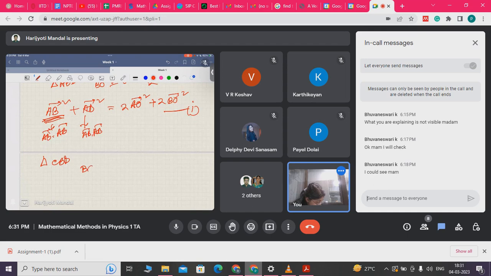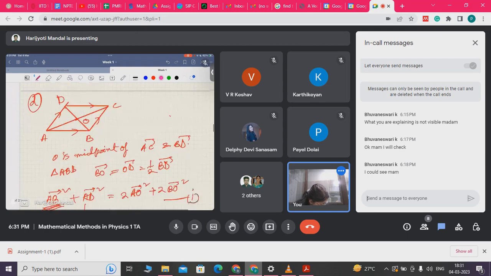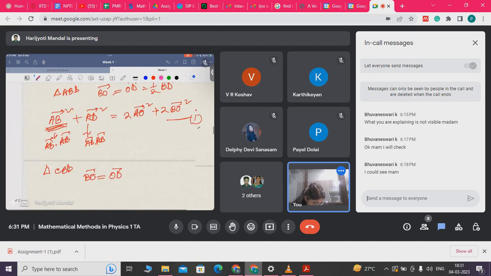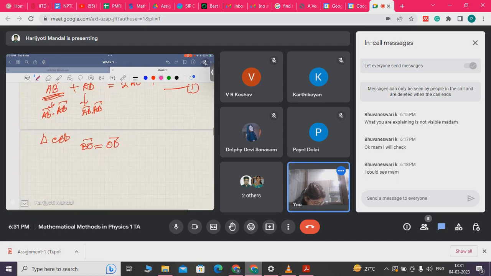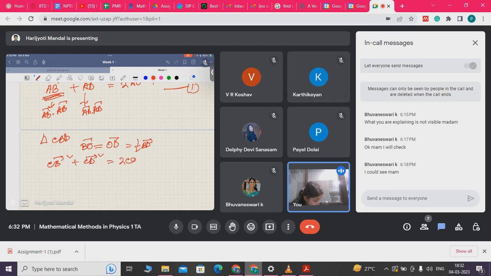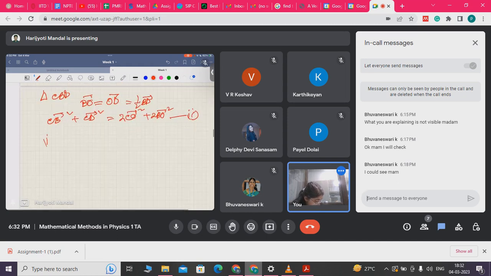Then from triangle CBD, we can write again BO is equal to OD, which is half of BD. Again, using that Apollonius theorem, it is CB square plus CD square is equal to 2CO square plus 2BO square.